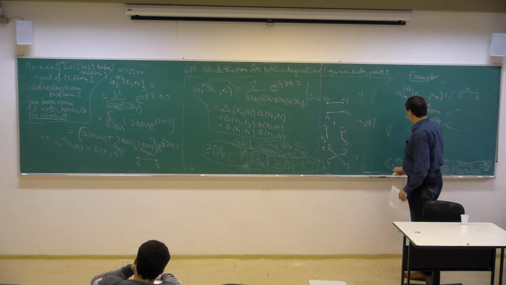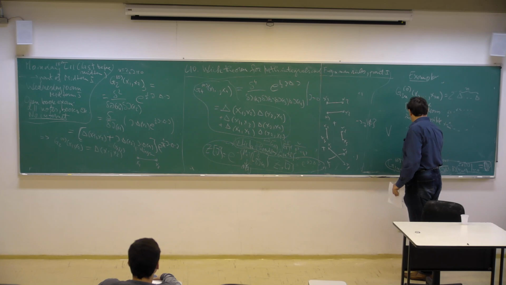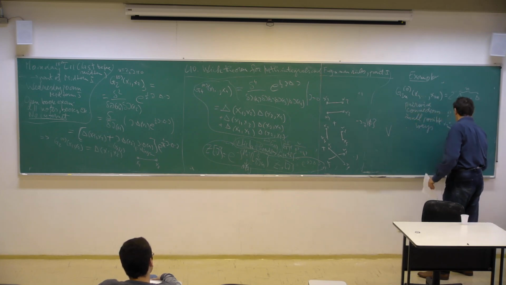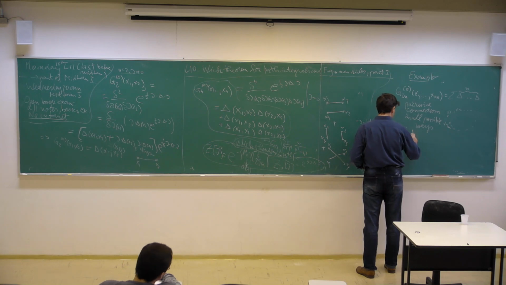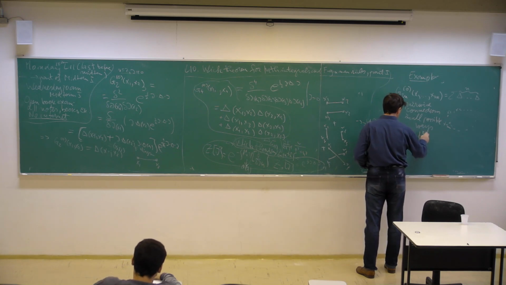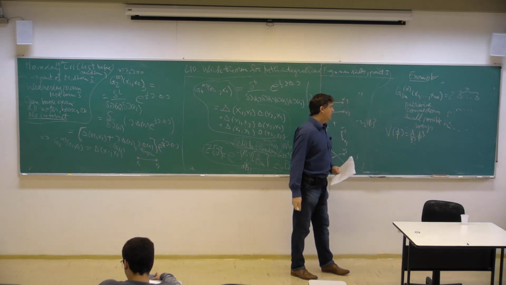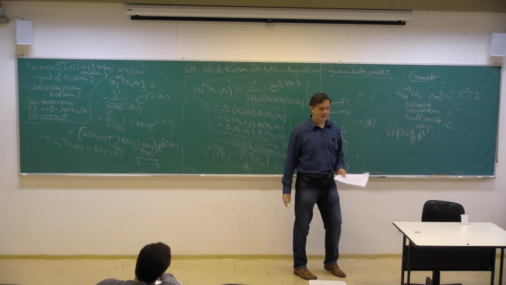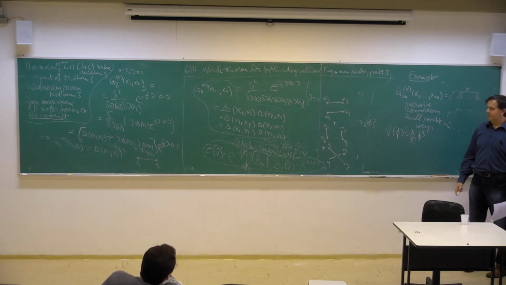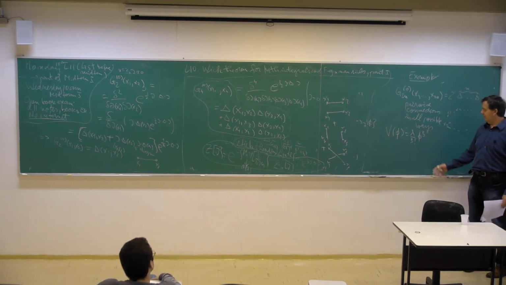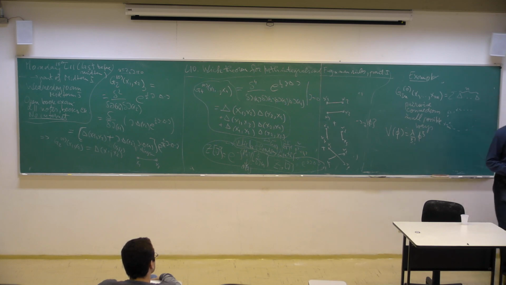Specifically, let's consider V of phi equals lambda over 3 factorial phi cubed. So this would be the simplest case of interaction. The free case is quadratic in fields, and the next case would be cubic.